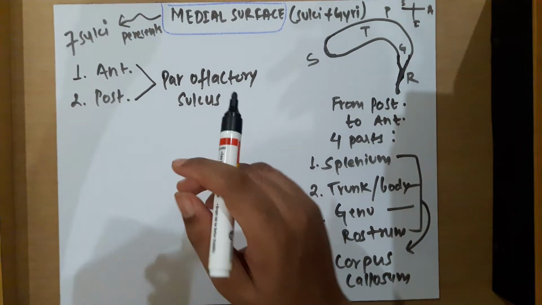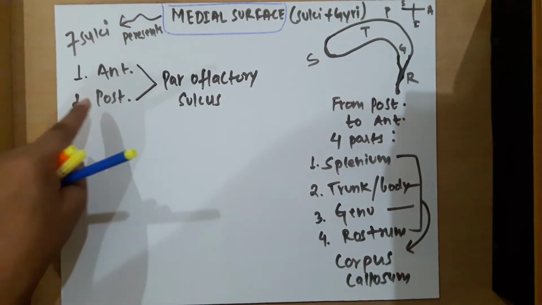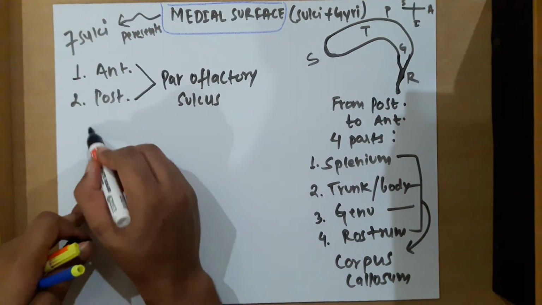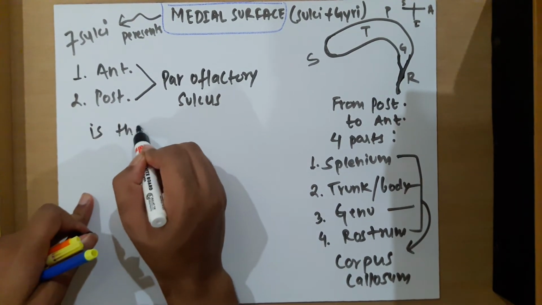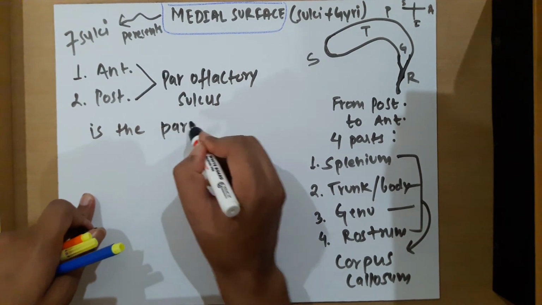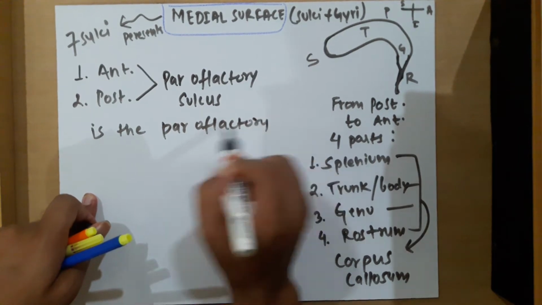In between the anterior para olfactory sulcus and the posterior para olfactory sulcus is the para olfactory gyrus.